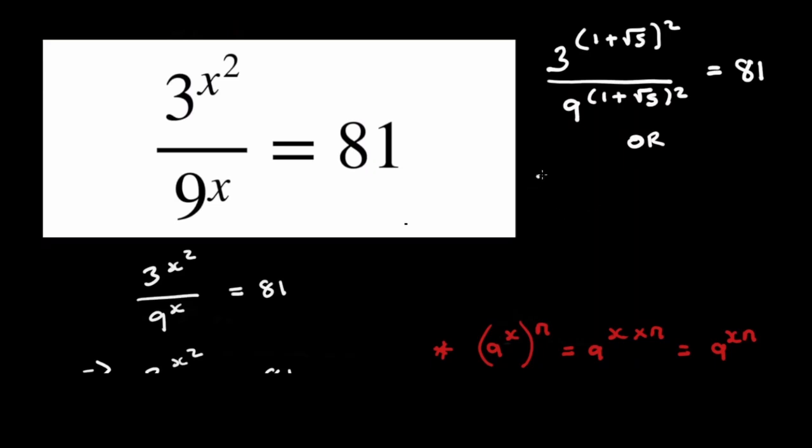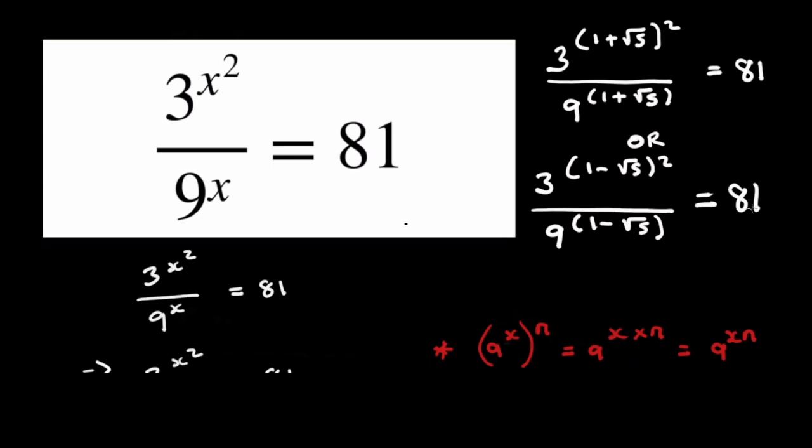In like manner, 3 to the power 1 minus the square root of 5, squared, dividing 9 to the power, here it's not squared, it's wrong substitution here. So dividing 9 to the power 1 minus the square root of 5, it is also going to give us 81. So our x is equal to 1 plus or minus the square root of 5.